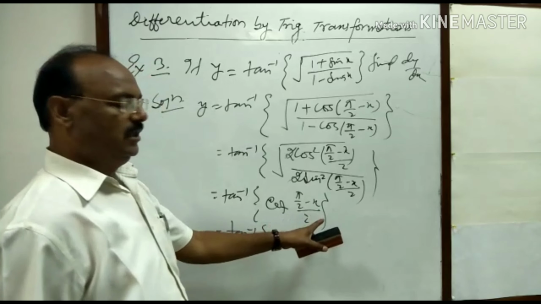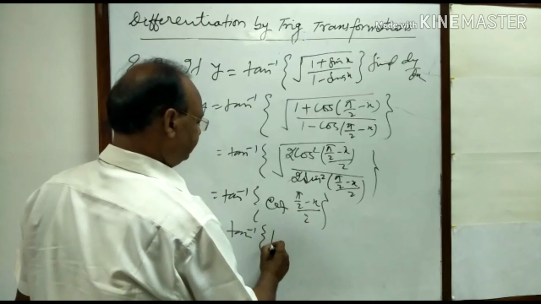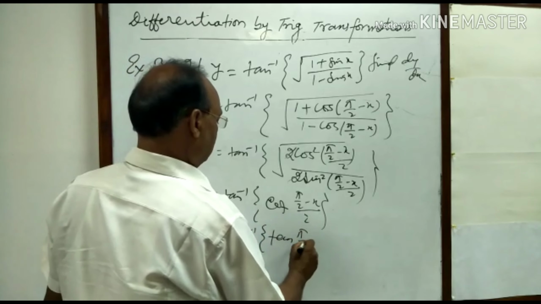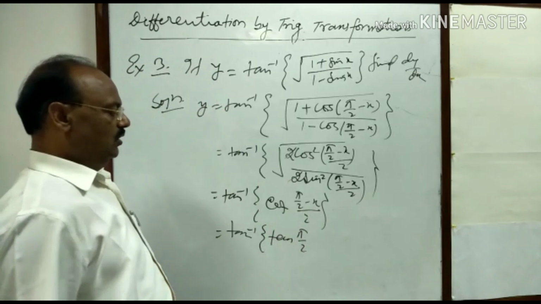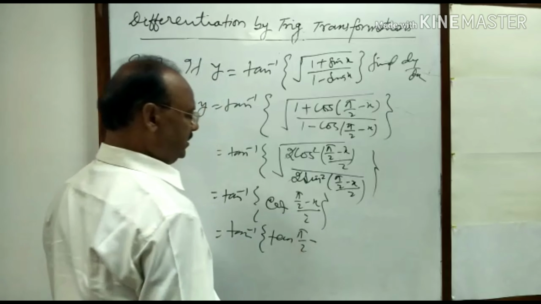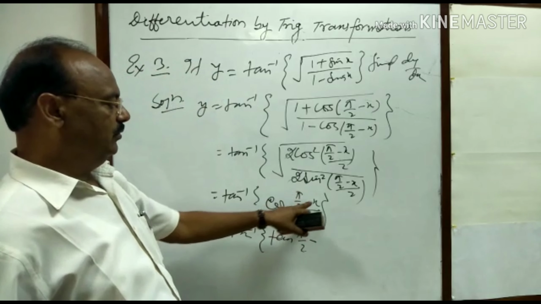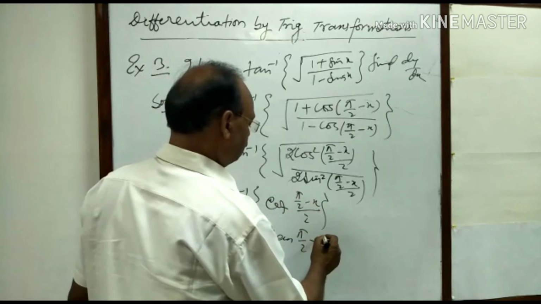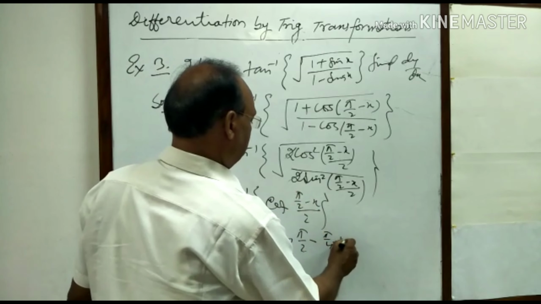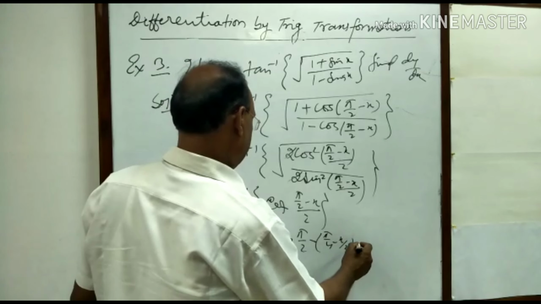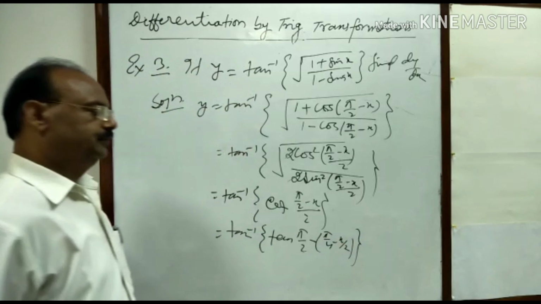Now this cot theta can be written as tan of pi by 2 minus theta, so this is tan of pi by 4 minus x by 2.